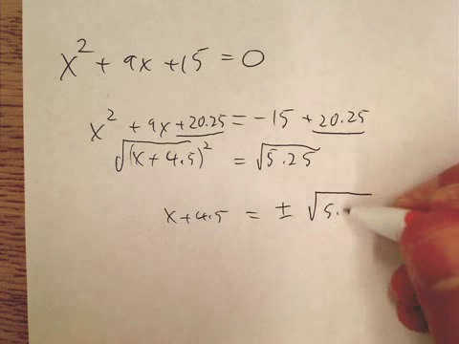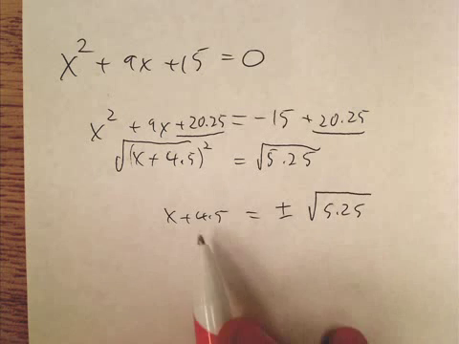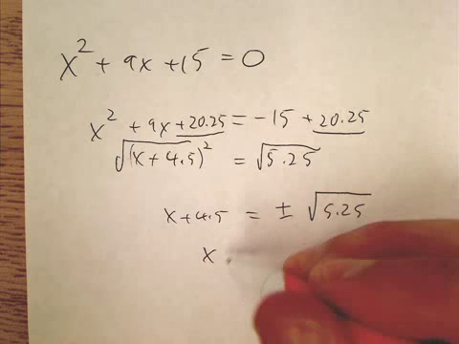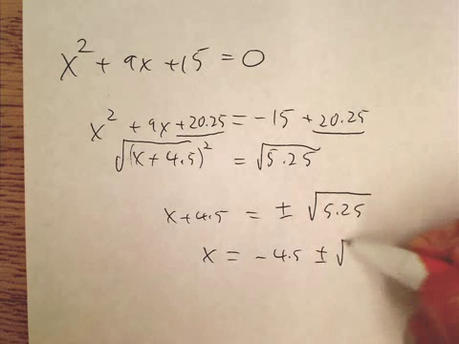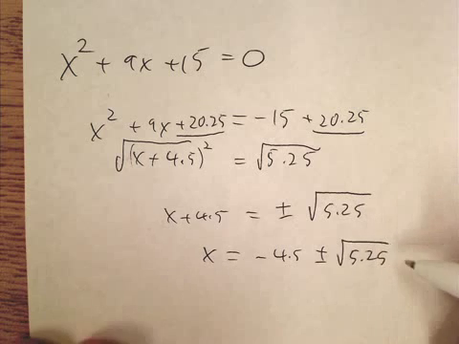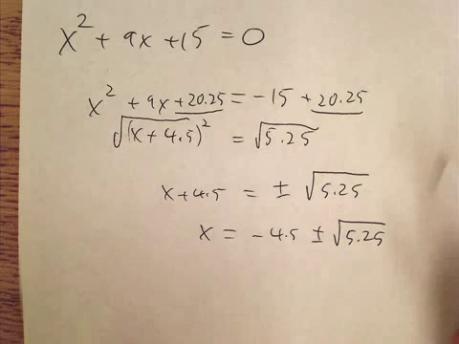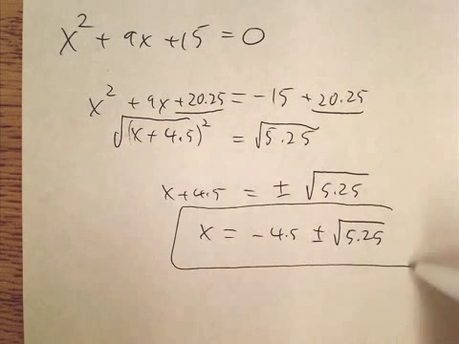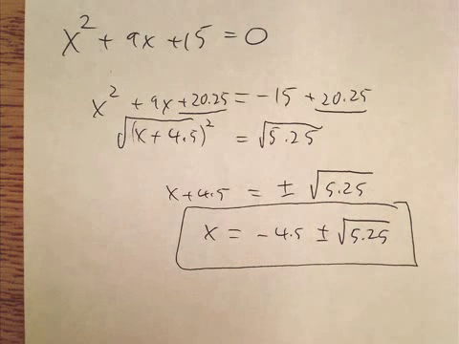Square root 5.25. And then subtract the 4.5 over. X is equal to negative 4.5 plus or minus the square root of 5.25. Now, they got a little messier because there were a couple decimals in there, but the steps you do are exactly the same. So it wasn't like a whole different kind of problem. You just punch them in the calculator and do the exact same thing.